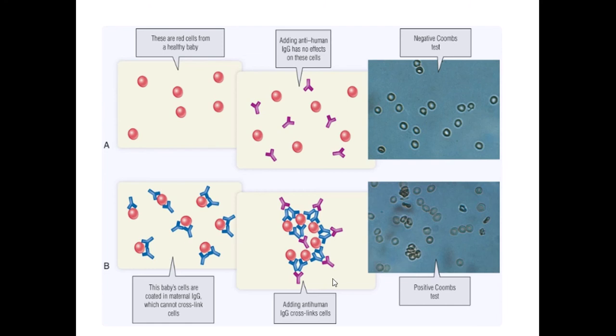So I want you to remember the Coombs test, direct one. Immediately we put the Coombs reagent, which is the anti-globulin antibody, on the baby's red blood cells, immediately causing clumping. Versus the indirect Coombs, where you do the sensitization first in vitro.